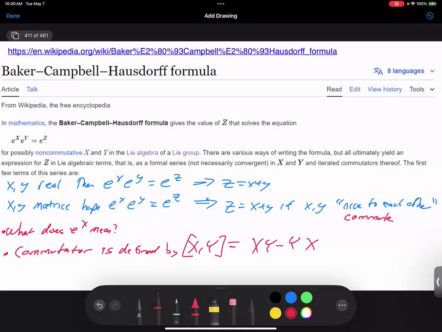So this, in some sense, measures how far x and y are from commuting. It's going to be 0 if they commute. If it's not 0, that gives me some information about how far away they are from commuting. We still have to figure out, what does e to the x even mean? What does it mean to take a number and raise it to a matrix?